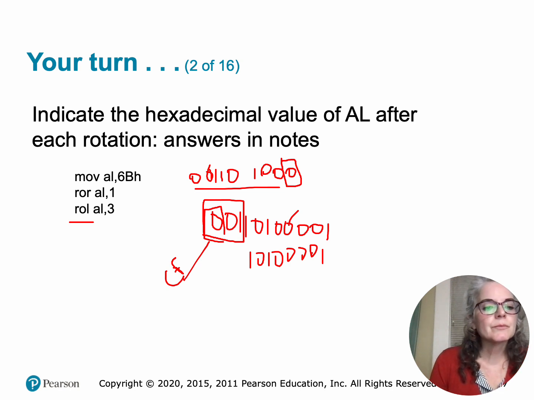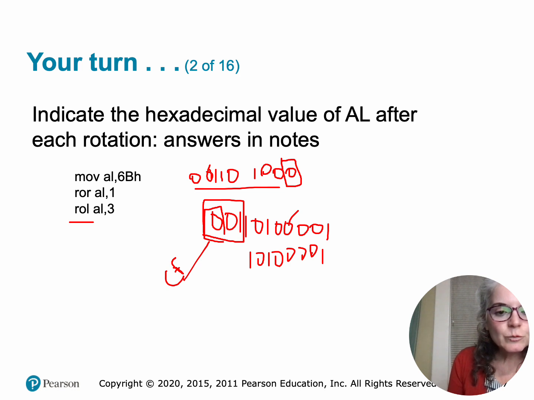Oh, so I did 6. Okay, I did 8 here instead of B. I need new glasses. I thought that was an 8. Okay, so this answer works if this is an 8, guys.